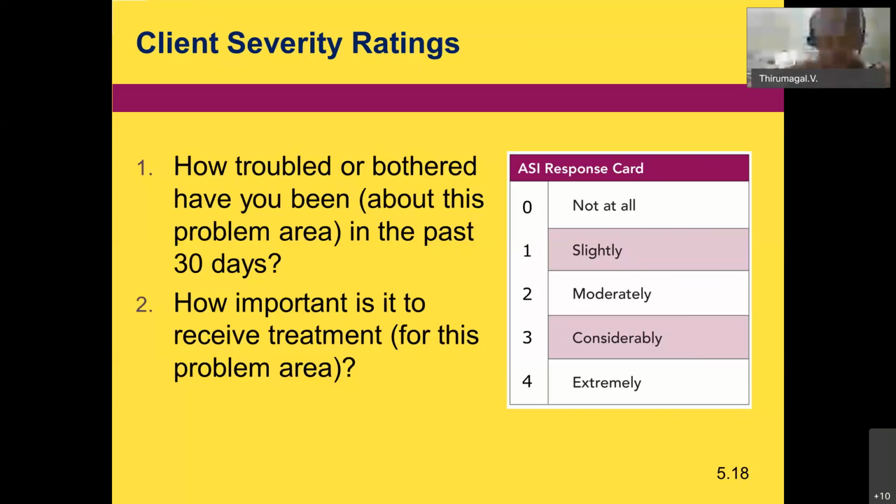That additional help will be taken into consideration here. So that when you develop your treatment plan, you will see this as an unmet need, which you have to address during your treatment intervention. Am I clear? Yes. Okay, good.